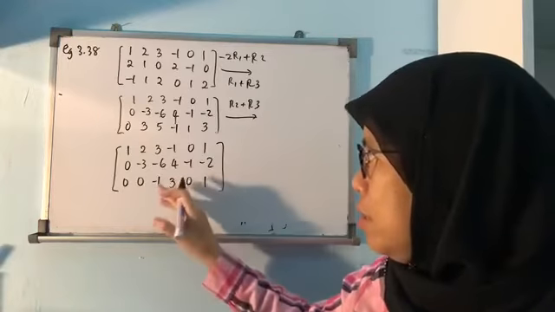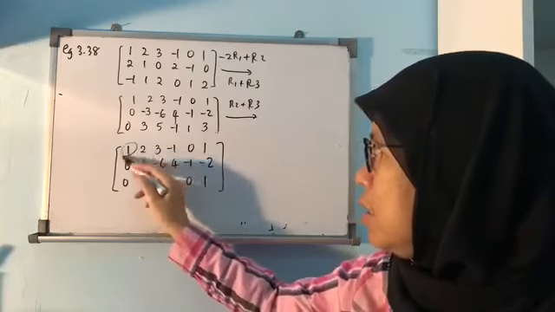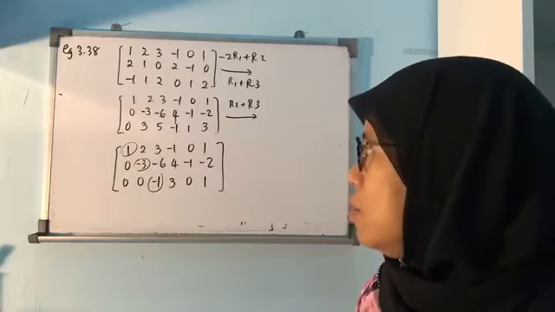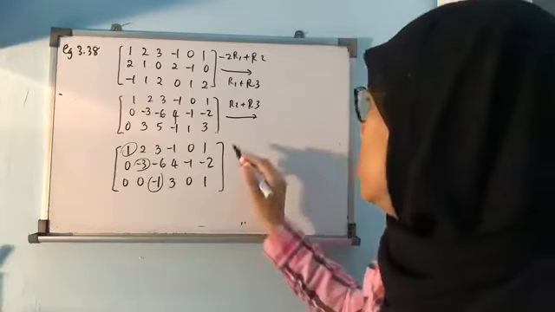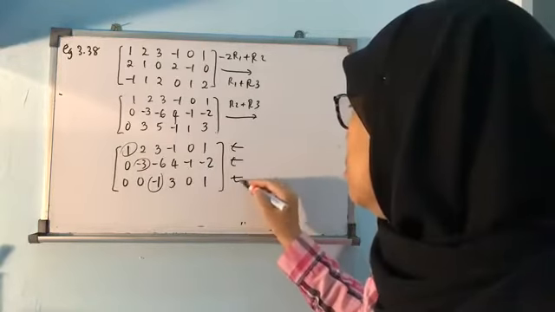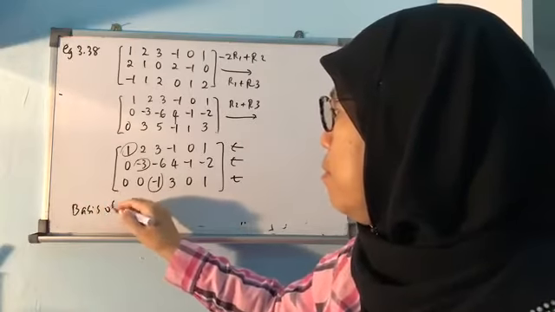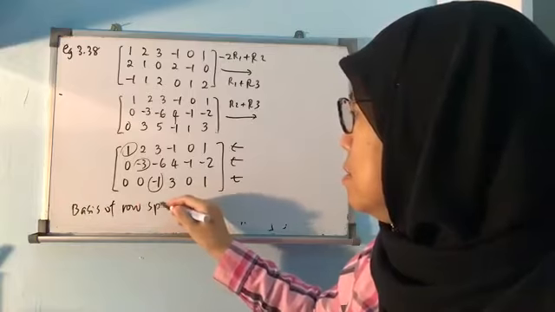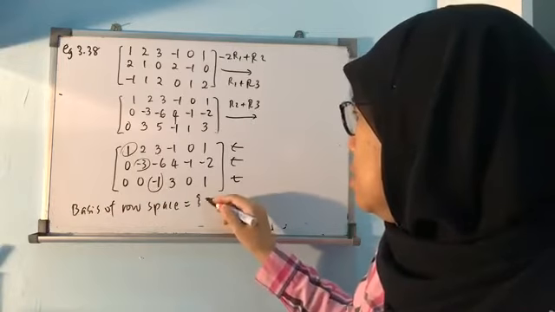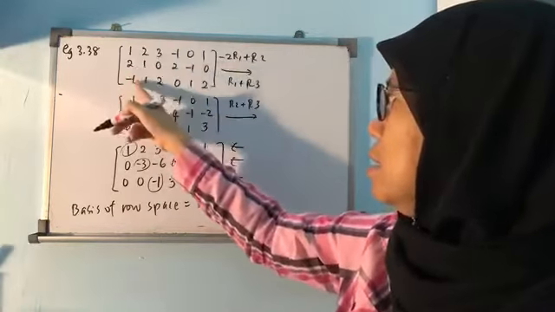Or you can just stop here and say that you can actually get a leading one from here. So this is your basis. So the basis of row space is any 3, right?